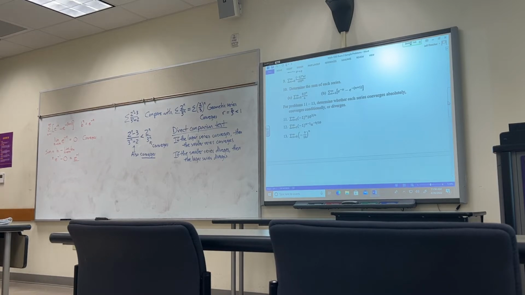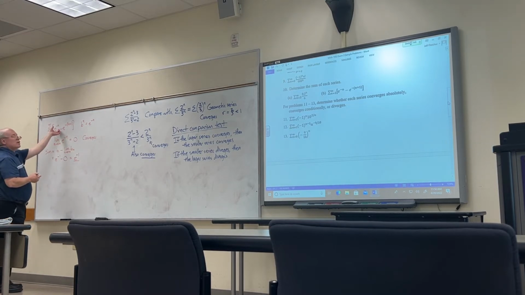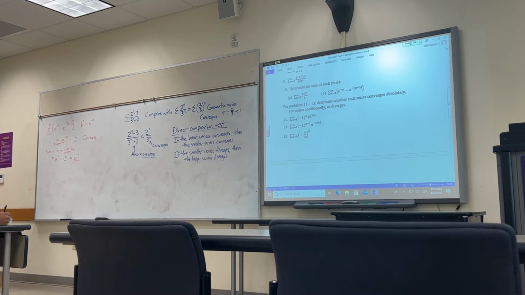And what if it was the other way around, b_n plus 1 minus b_n? If the order of subtraction was switched, then the order of subtraction in the sum would also be switched. So if this was e to the negative n plus 1 minus e to the negative n, then we'd be taking the limit of the sequence minus b_1 to get the sum.